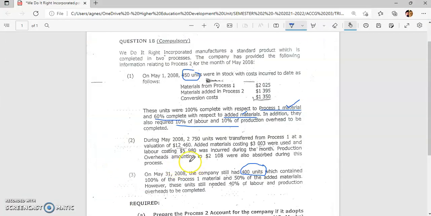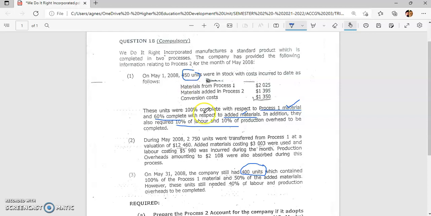In the question, did they give us output units? No. Did they give us opening inventory units? Yes. So we don't have output units, but we have opening inventory units. So therefore, we cannot use the output units minus the opening inventory units formula.